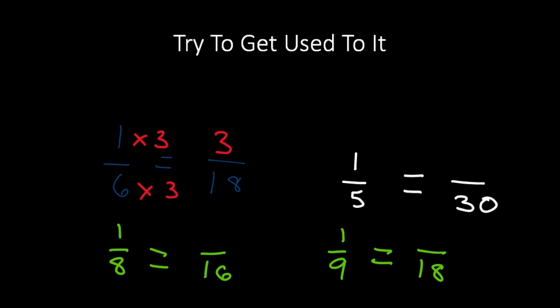Now, for a second problem here, what took us to get 5 to 30? Well, we can multiply 5 times 6 to get to 30. Now, since we multiplied by 6 on the bottom, we have to multiply by 6 on the top. So 1 times 6 equals 6. So our fraction here would be 6/30.